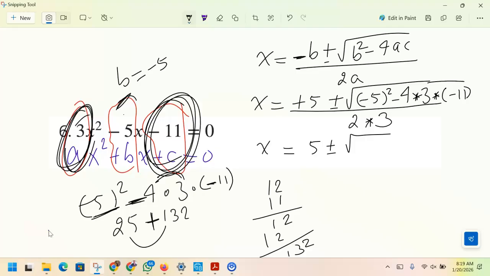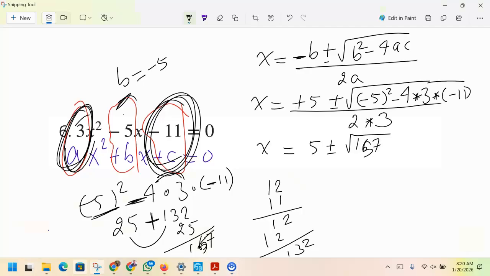And if we add this 25 here, this whole thing becomes 157. Just want to make sure we got it. It's 157, sorry.